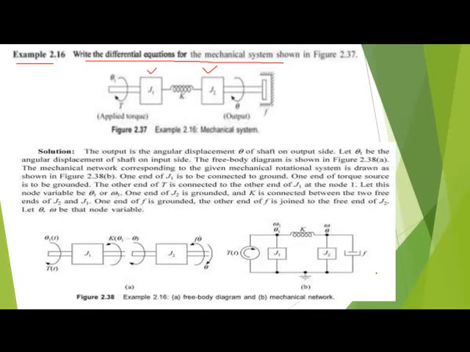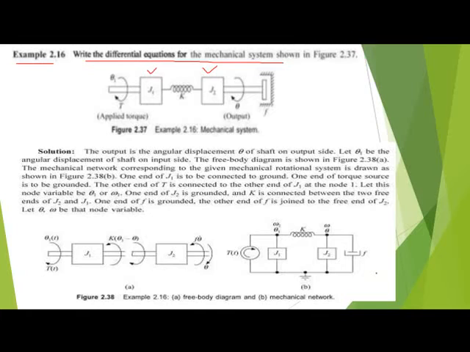And here is the free body diagram, which is very simple. There is a small square box, J1, with the shaft on the left side and the spring on the right side. In the clockwise direction is T and theta 1, and in the anti-clockwise direction is the spring opposition, K times theta 1 minus theta.